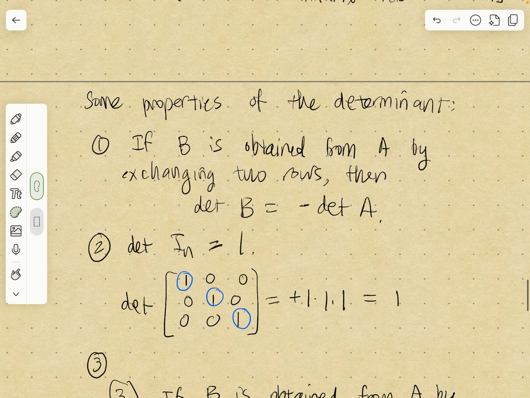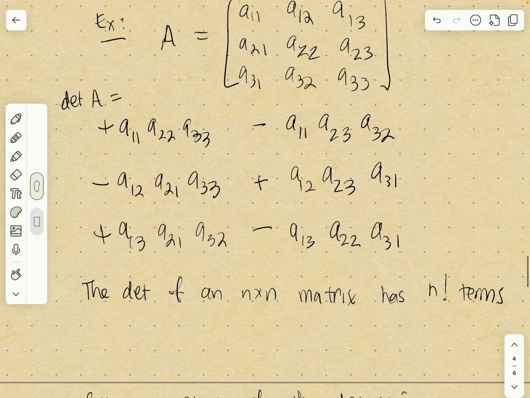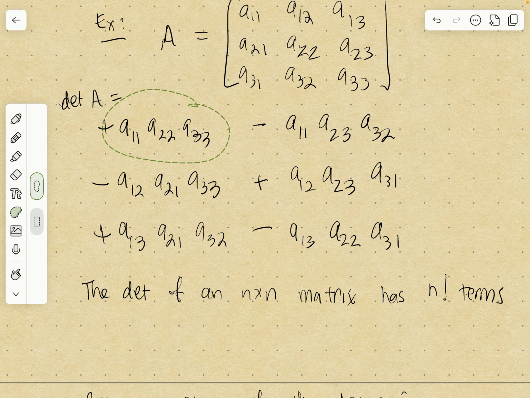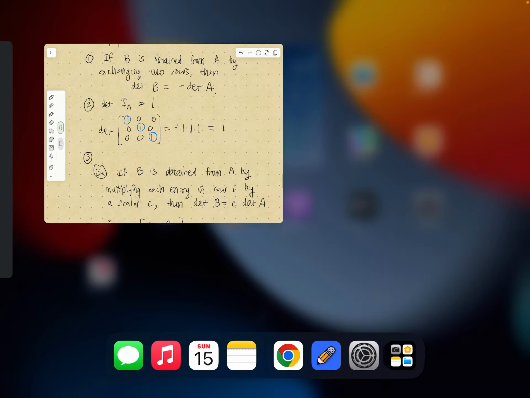When you multiply a single row by C, because you're taking a number in each row and column, you end up getting an extra factor of C in each of these terms, and then you can factor out the C. That's basically the reason why it's true. Okay? So that's property 3a.